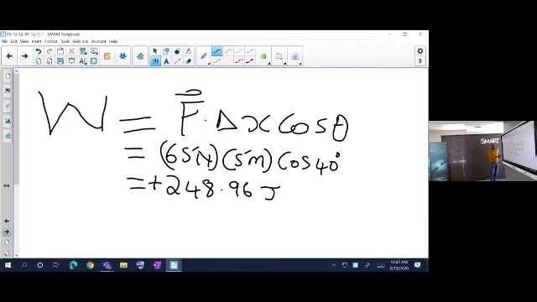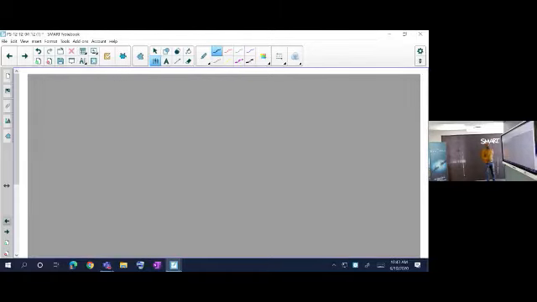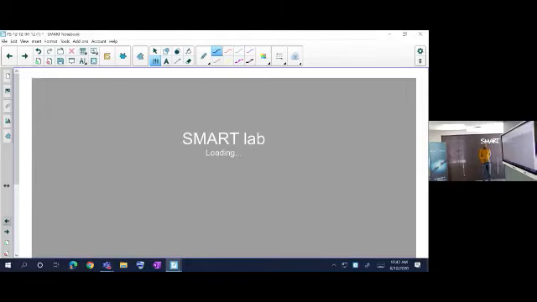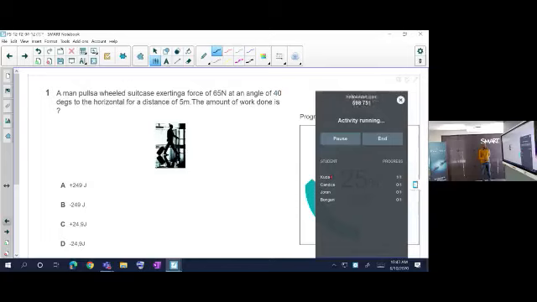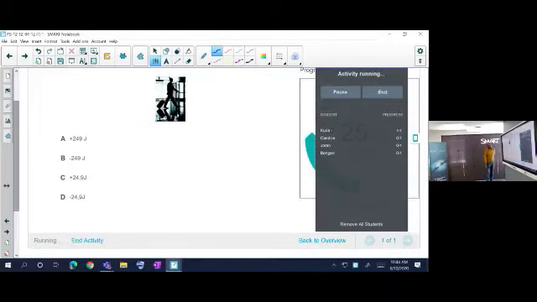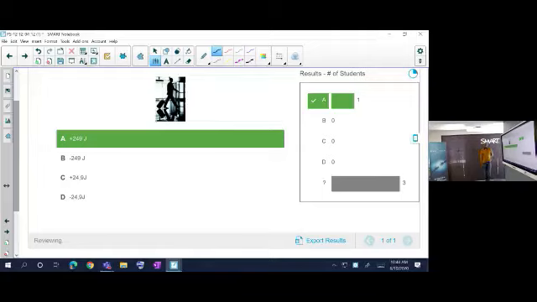Okay, let us go back. If we can look at this, the answer there is A. The answer there is A. It's very, very important to indicate, is it positive?